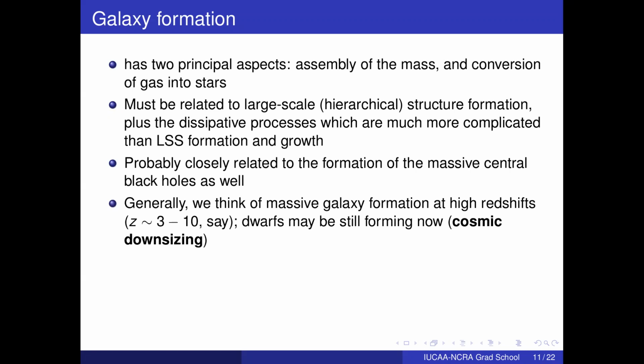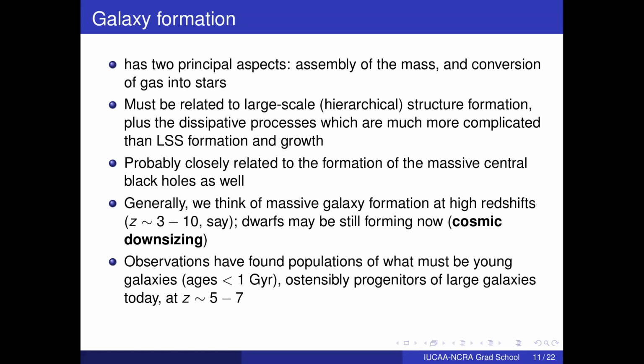Generally, we think of massive galaxy formation at high redshifts. So the progenitors of today's massive galaxies were highly star-forming galaxies at high redshift, but dwarfs are still forming now. This is referred to as cosmic downsizing. As you go further and further in time, the dominant place where star formation is happening is in lower and lower mass galaxies.